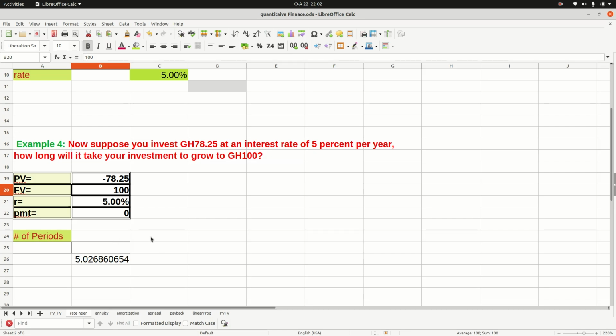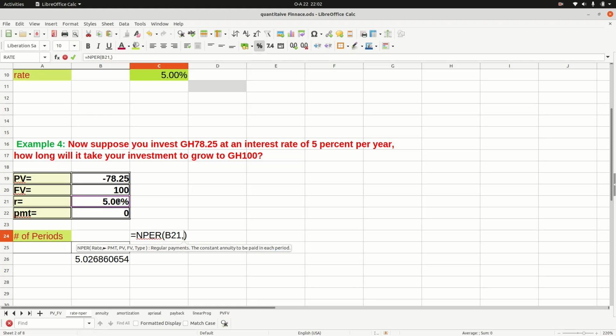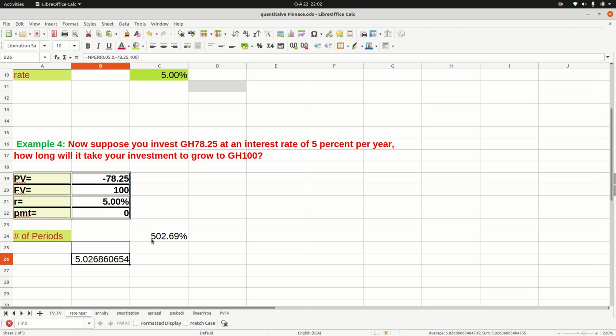So I have equal to NPER. Excel says it is giving the number of periods. So the rate is this, comma, my regular payment is 0, and then my present value is this, my future value is that, and then the type, let's use the beginning one, and then let's see what we have. What did we do wrong here? Okay, let me take this off, and then let me use 0.05 instead of the 5%, and let's start all over.